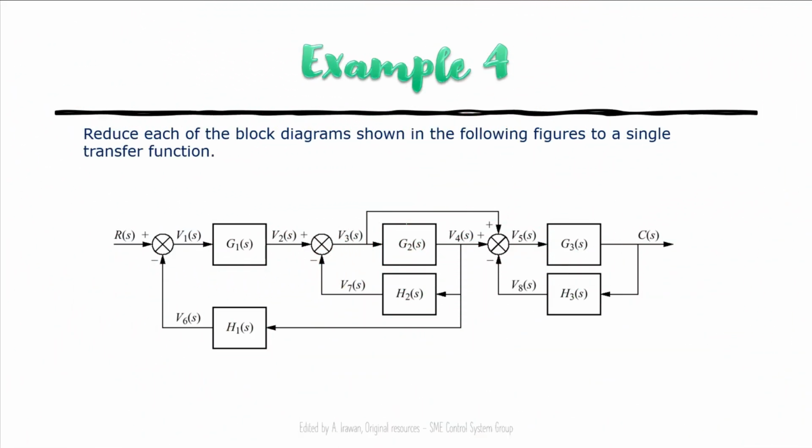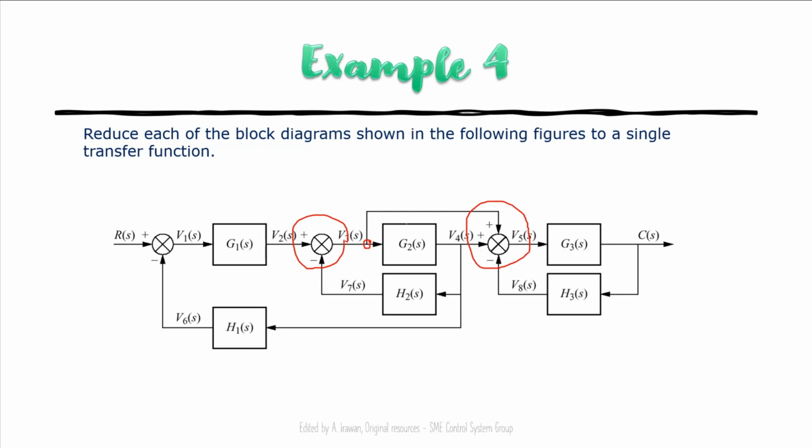Right, we go straight to the next example, which has more junctions. Maybe for you for the first time it is quite difficult, because we have a junction here, we have a summing point in the middle, kind of middle of nowhere here, and here also.